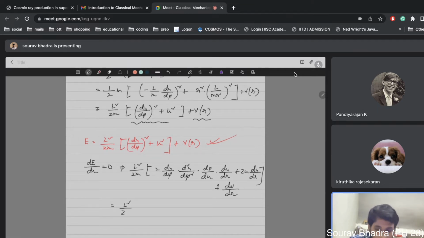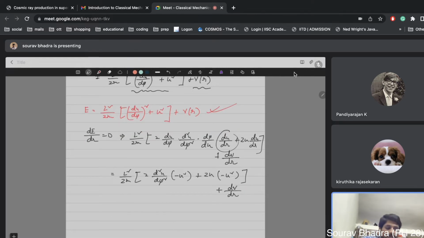It will give you L square by 2m times 2 d2u/dphi square, minus u square, because du/dr will give you a minus of u square, plus 2u and again minus u square. So this is the expression if you use the condition that your E is constant.